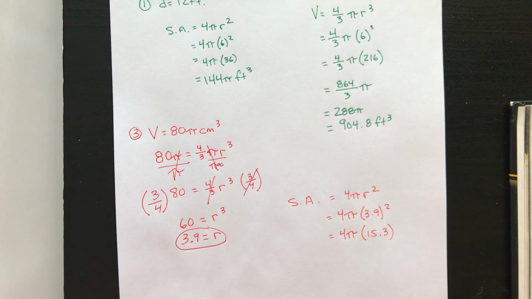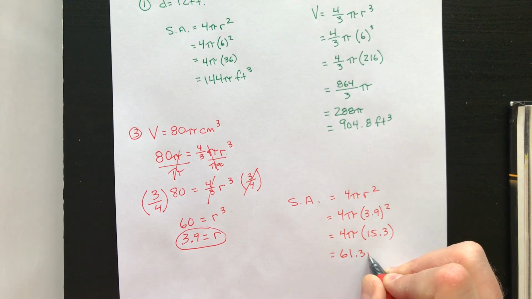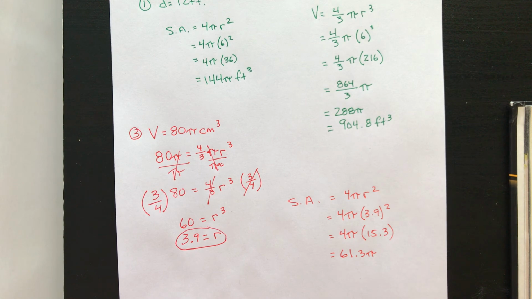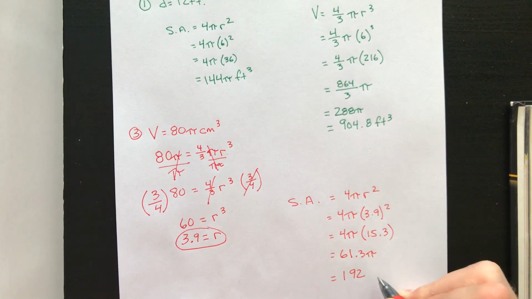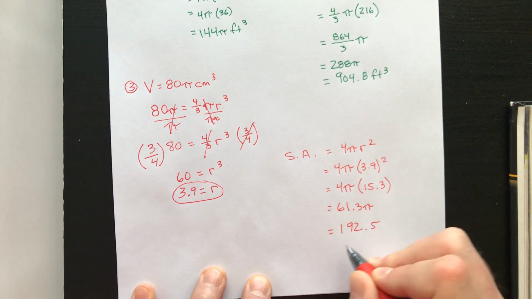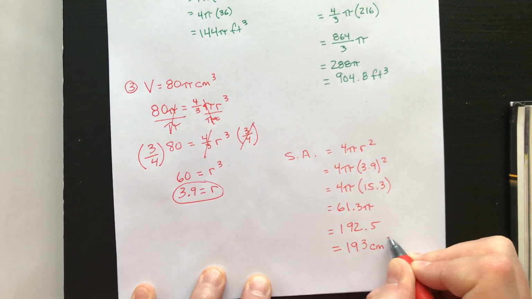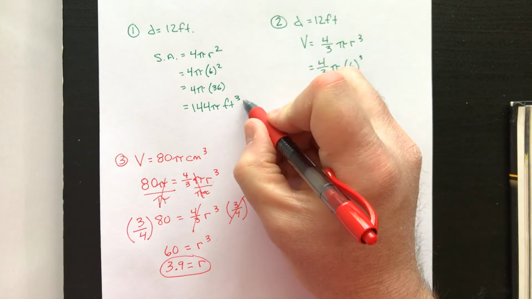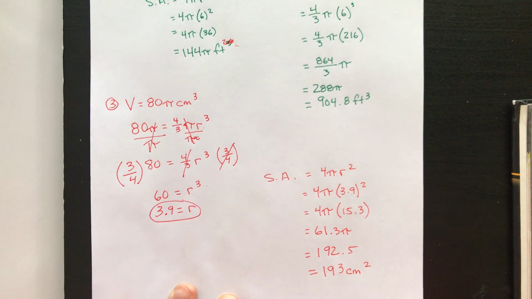So 4 times 15.3, I got 61.3 pi. So then we finally multiply by pi. I got 192.5. They want us to round to the nearest whole number. So this would actually be about 193 centimeters squared. And actually, this isn't cubed right here, that's squared. All right, so that's kind of how you do those first 3 problems.